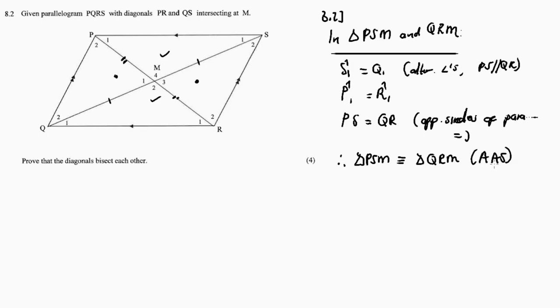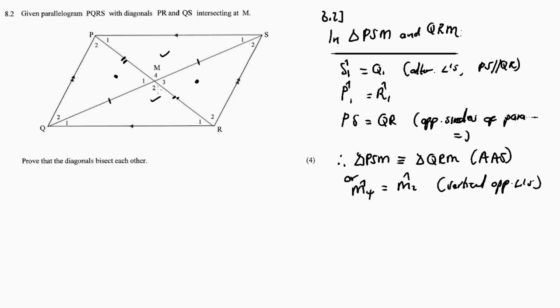Angle side. But I'm thinking of something else. I have another idea. Angle M4 is equal to angle M2. Vertical opposite angles.